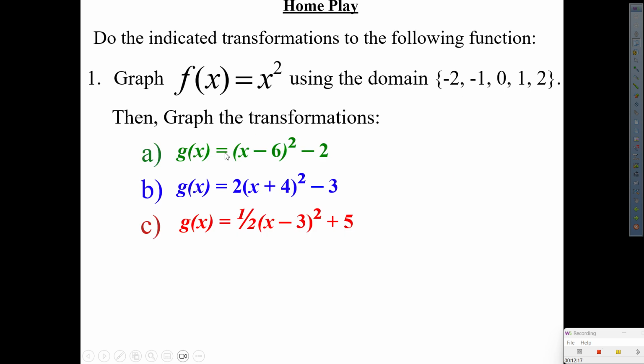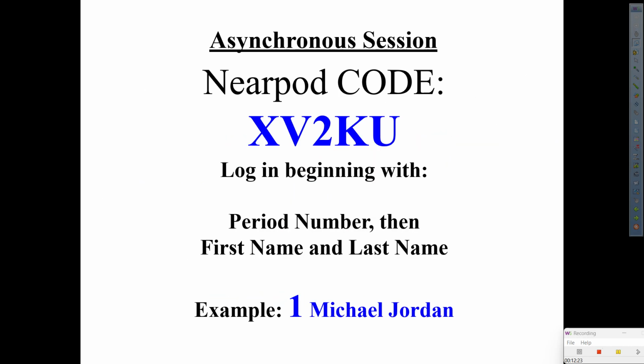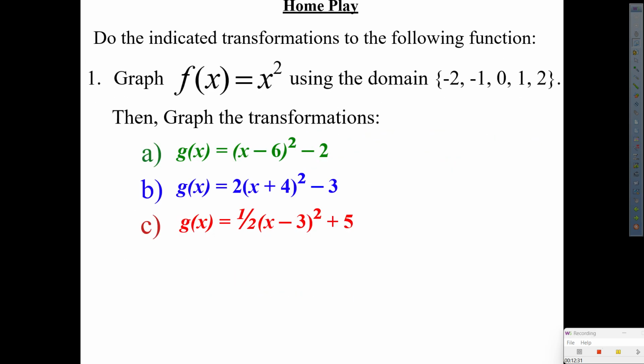Tonight's homeplay is only one problem, 3 transformations. XV2KU is the access to the homeplay, and that's why I'm only giving you one itty-bitty problem.